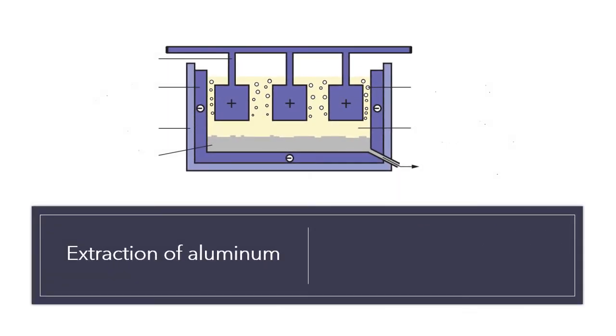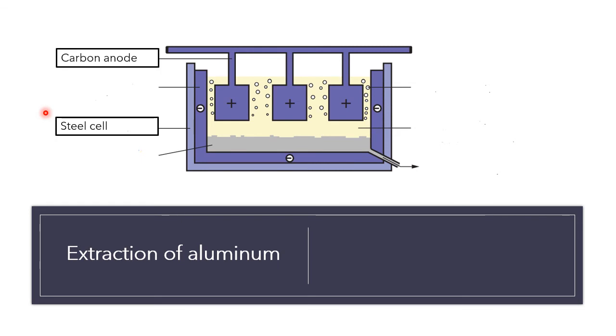But I just want to highlight the extraction of aluminium using electrolysis process, because this is the application of electrolysis, right? Okay, this is the cell for the extraction of aluminium. Okay, what we have here is a steel cell. Of course, the electrode used here is the inner electrode, which is carbon.